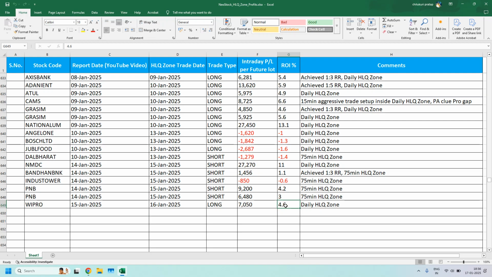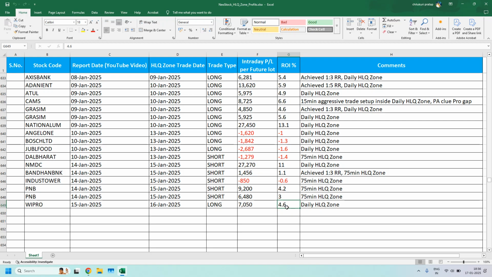It's a good profit. Maybe our average intraday ROI is 6%. Compared to that it is at least 1.4% lesser, but still 4.6% ROI is a very good ROI from the intraday point of view. From the high liquidity zones point of view it is small, but this is okay.